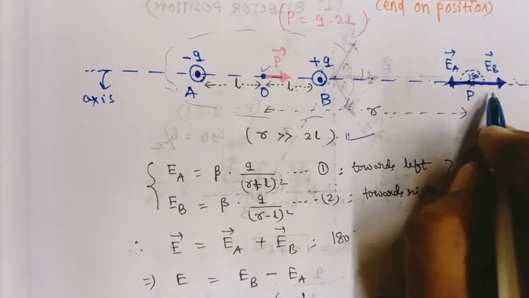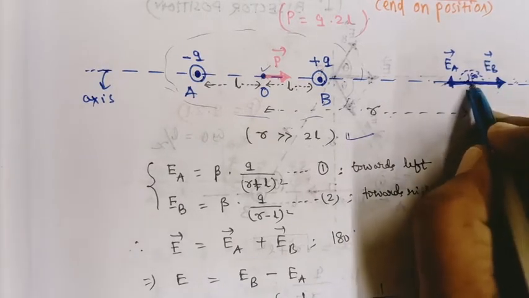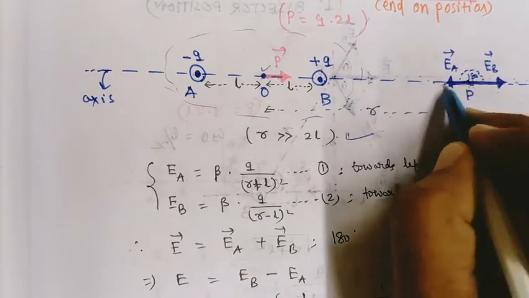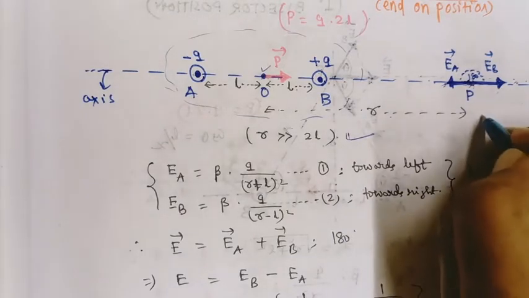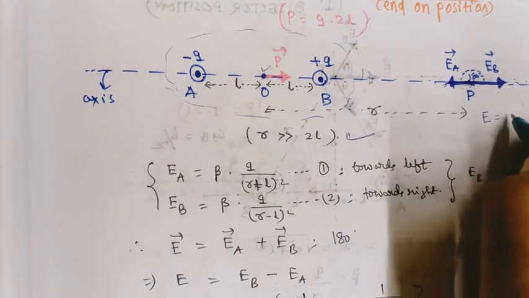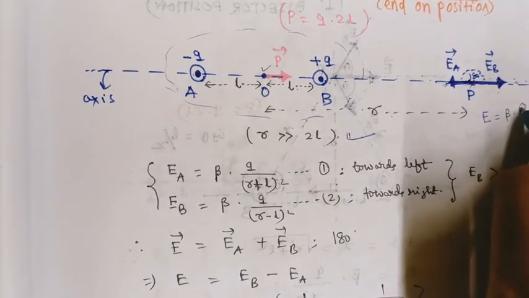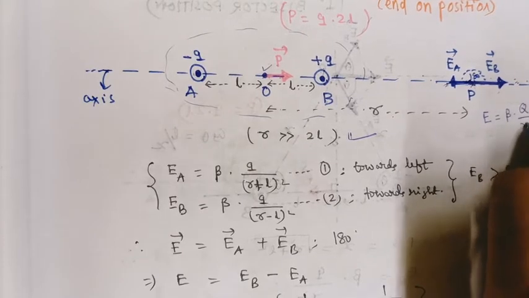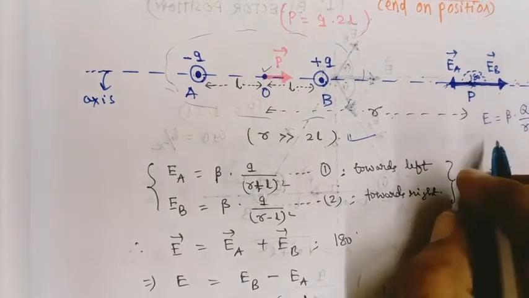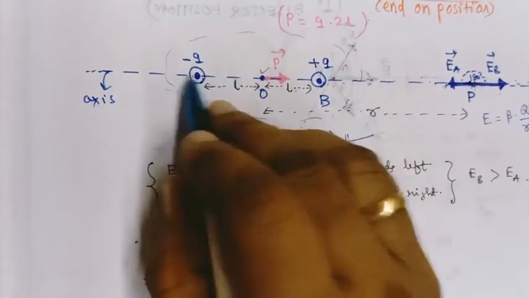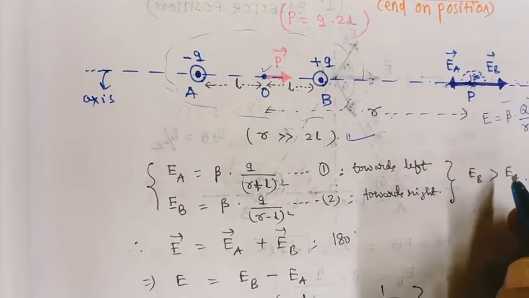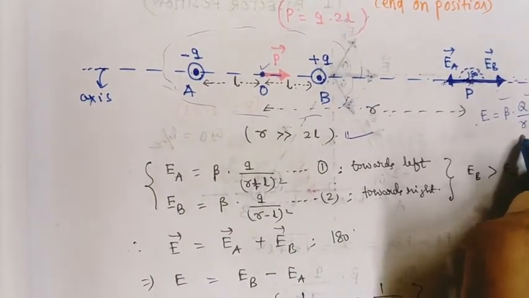Again one thing you mark: the EB vector I have taken larger, the EA vector is smaller. Why? In the previous class you remember intensity is equal to k times the magnitude of the source charge divided by distance squared. Here both source charge magnitudes are the same, k is constant, only r is different.